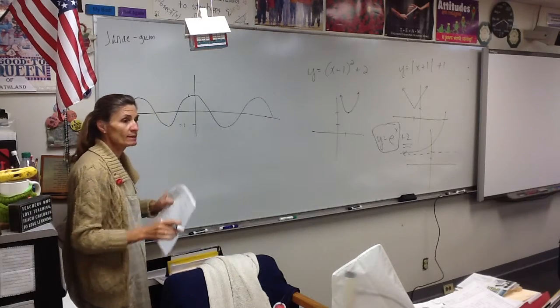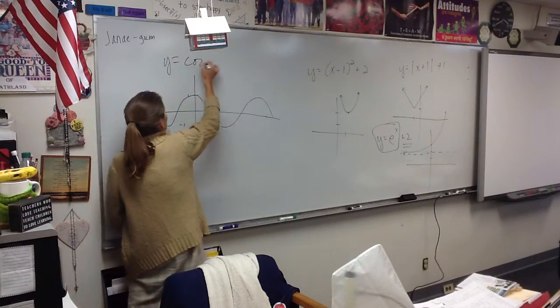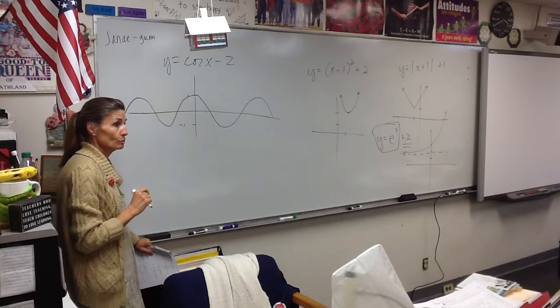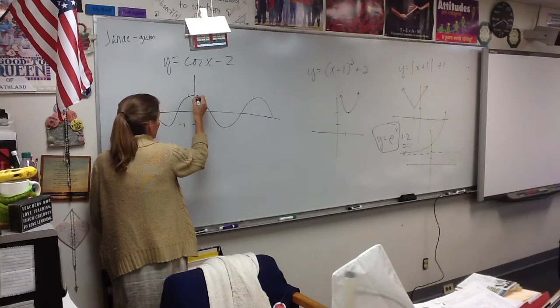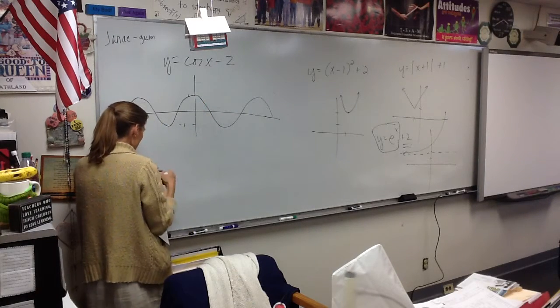Now, what am I doing to this cosine curve? I'm dropping it down 2. So, where's that point going to be if I'm taking it down 2? It's going to be down here now.